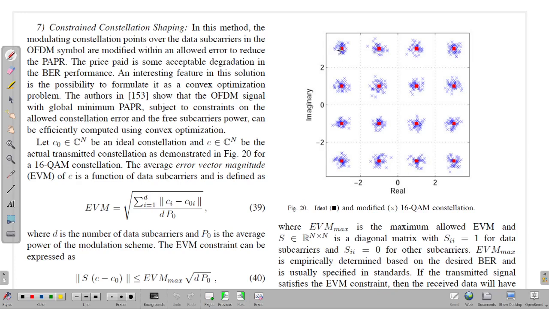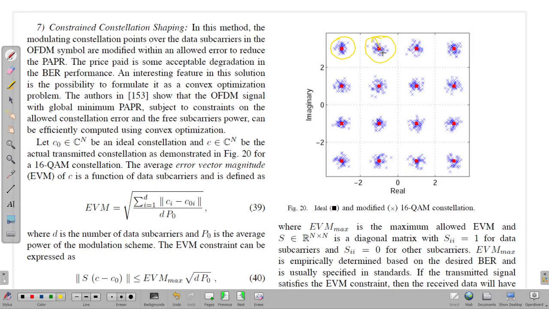Here you see the red colored symbols, they correspond to the original constellation. And the feasible regions are somewhere around this original constellation point. If I consider this constellation point, the feasible regions lie around it. So there is a particular radius, or a distance, in which these points can be distributed.